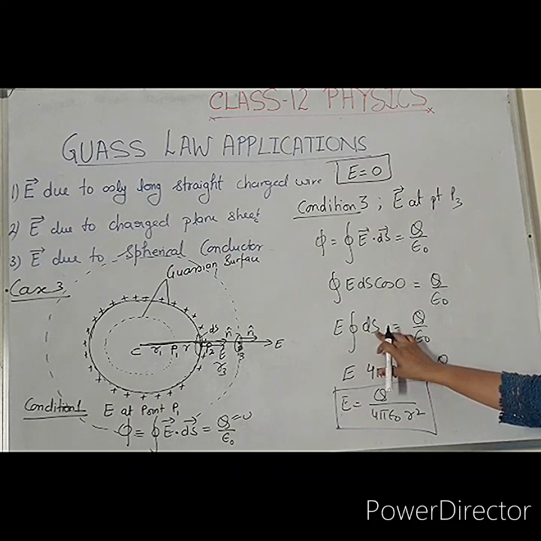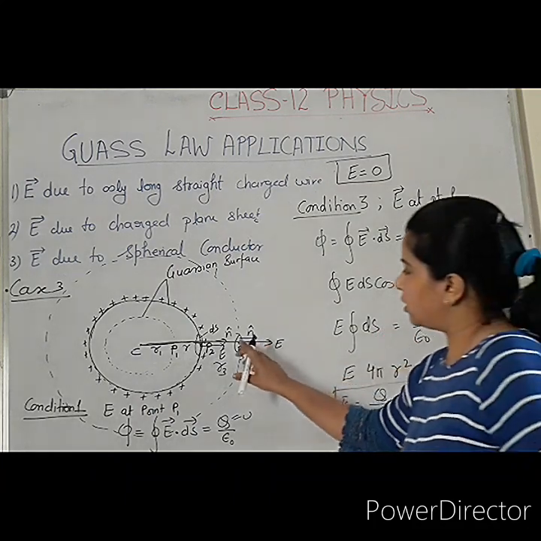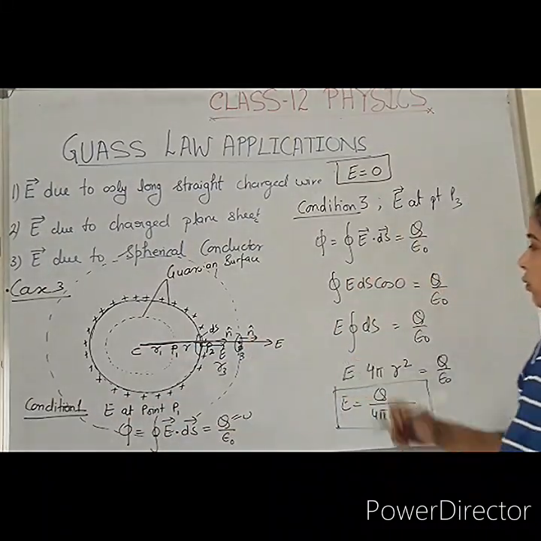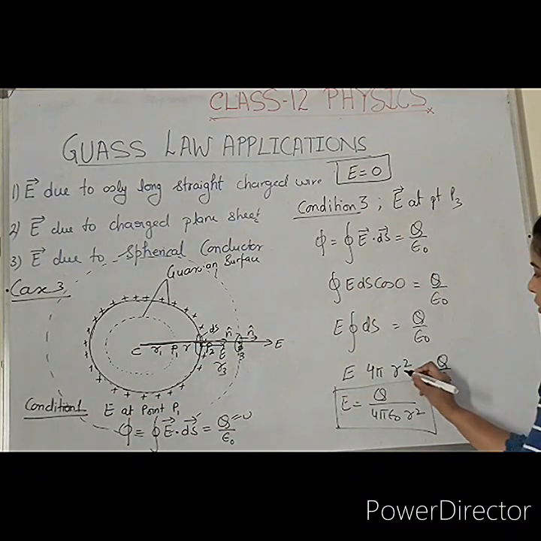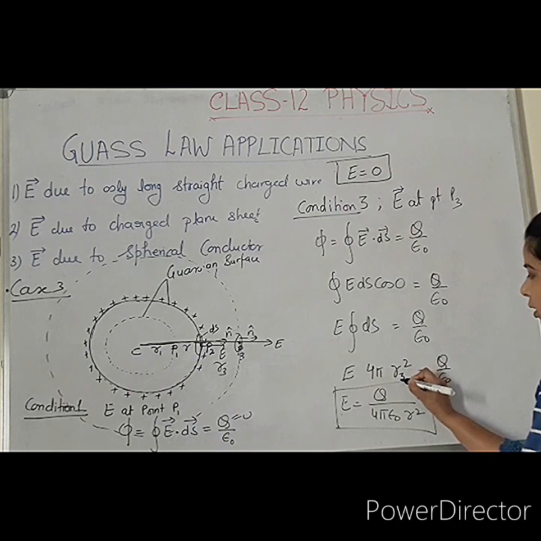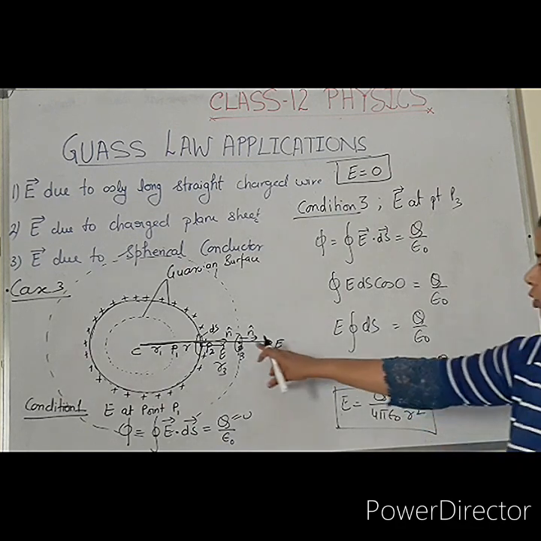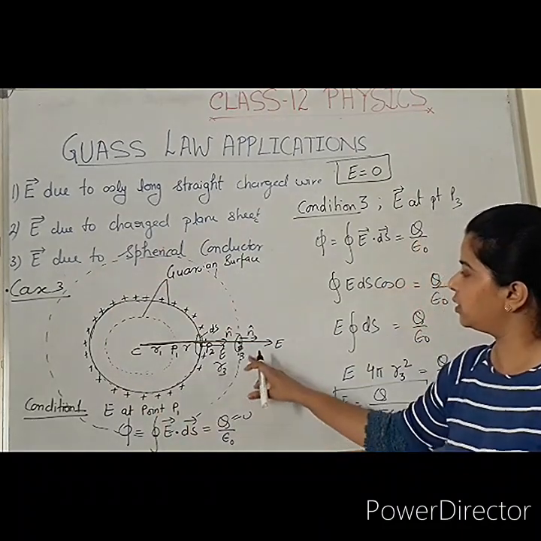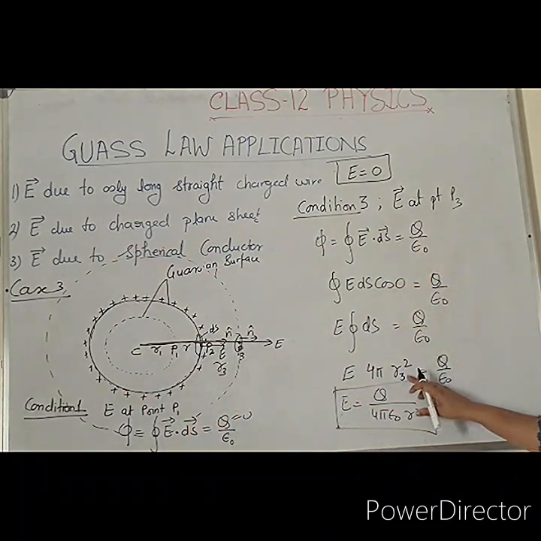In place of ds we will take the surface area of this Gaussian surface. Now what will be the surface area? In place of r, it will be R3, because the radius of this last Gaussian surface is R3. So E times 4 pi R3 square is equal to q by epsilon naught.